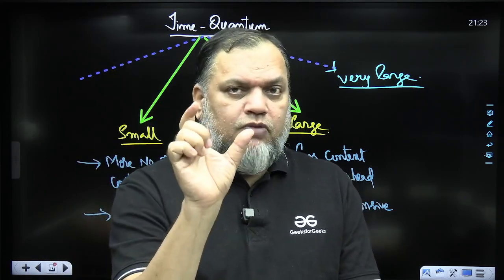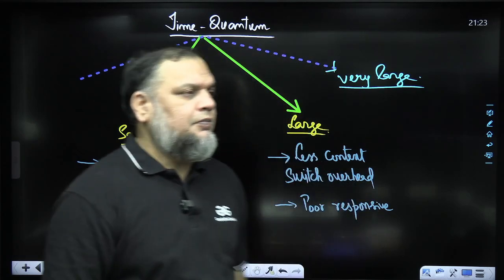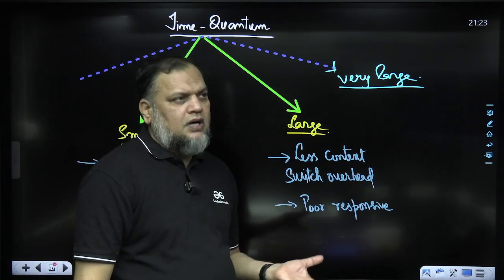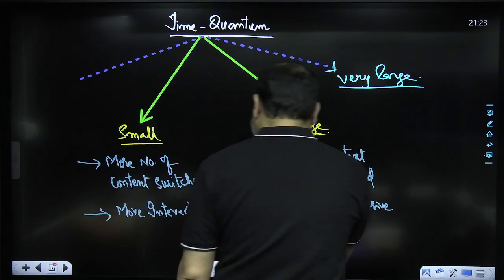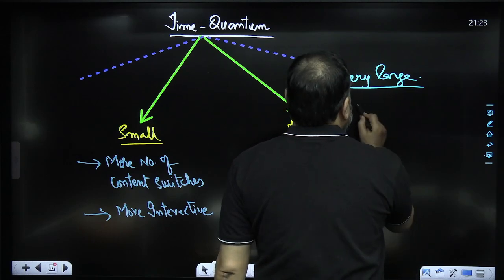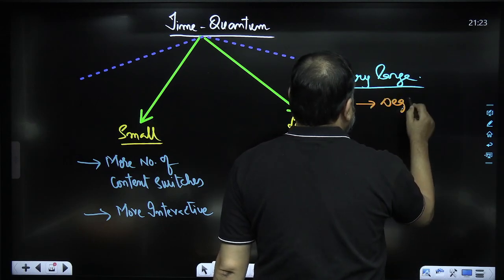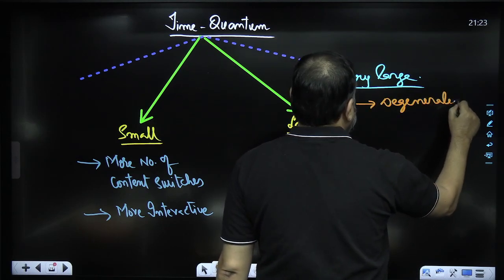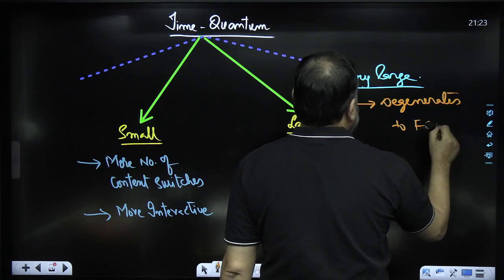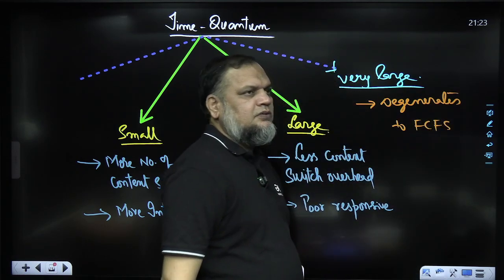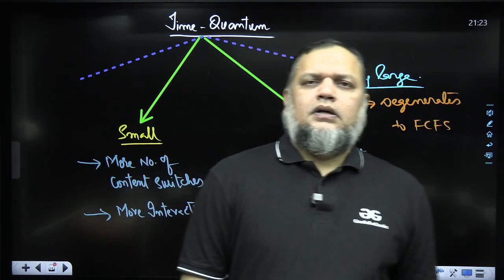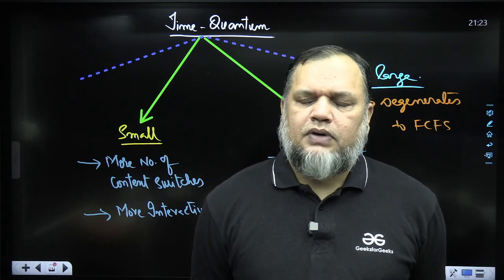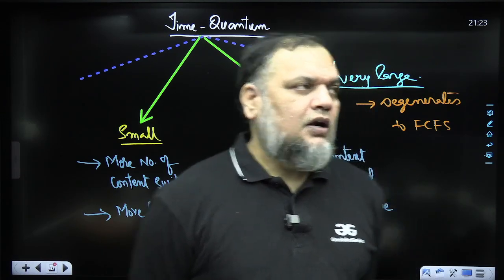If the time quantum value is greater than the largest burst time, then how will the processes run? The round robin scheduler degenerates to first come first serve. It works like first come first serve when the quantum is very large.